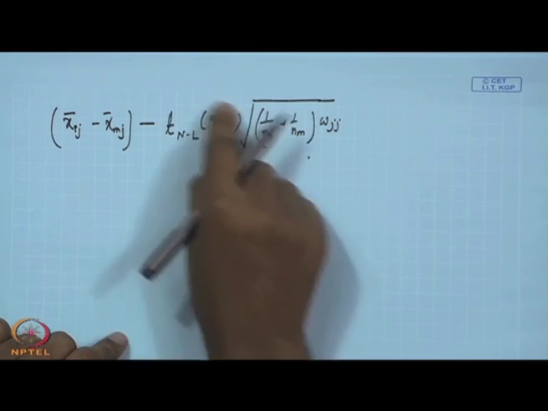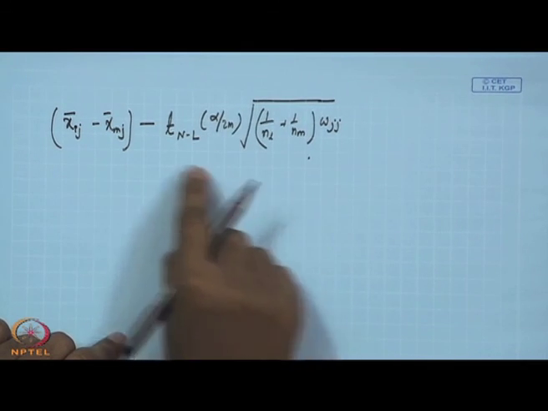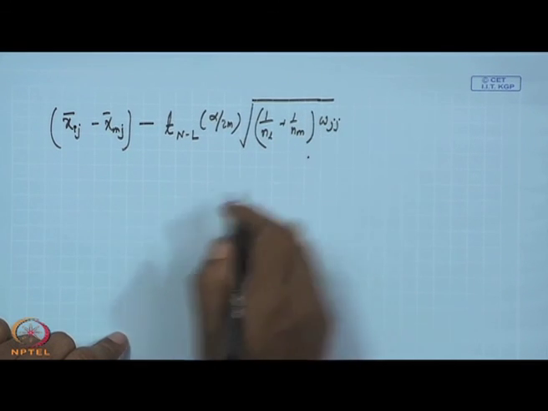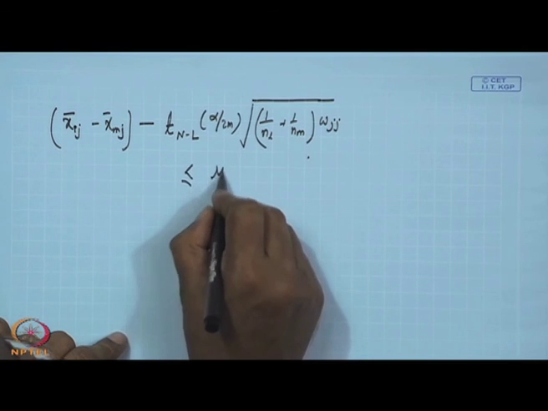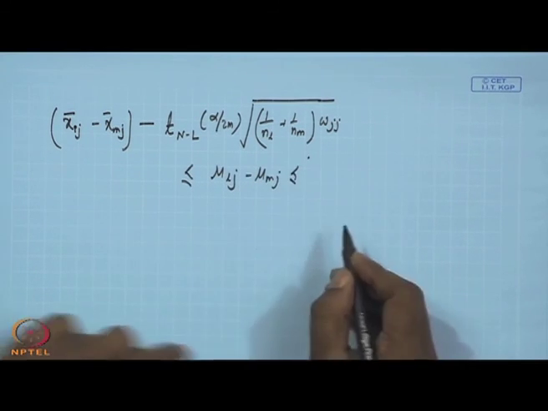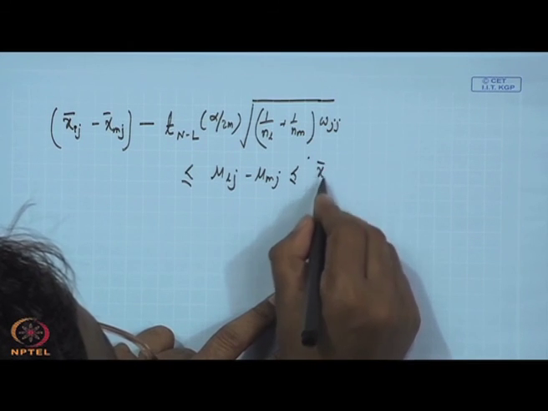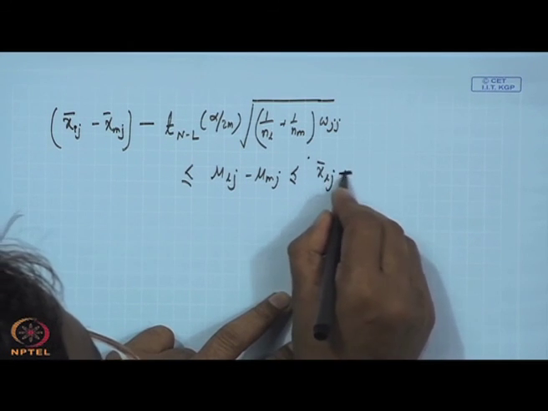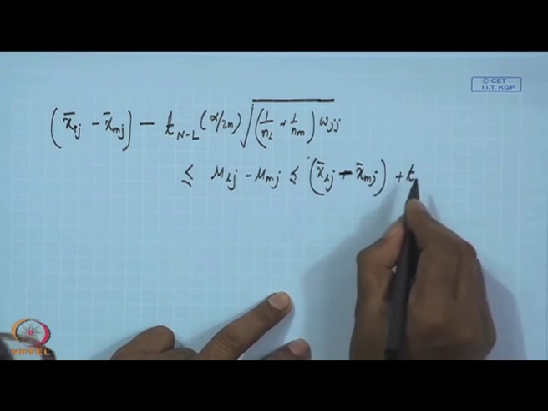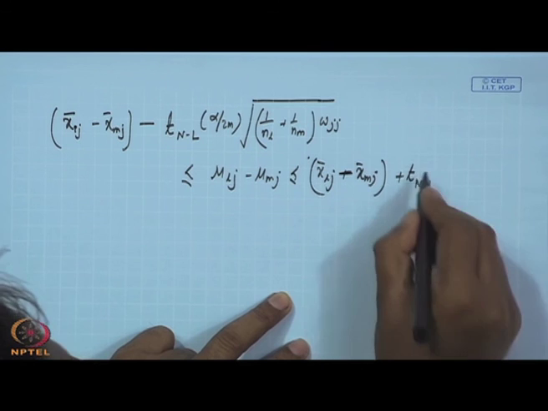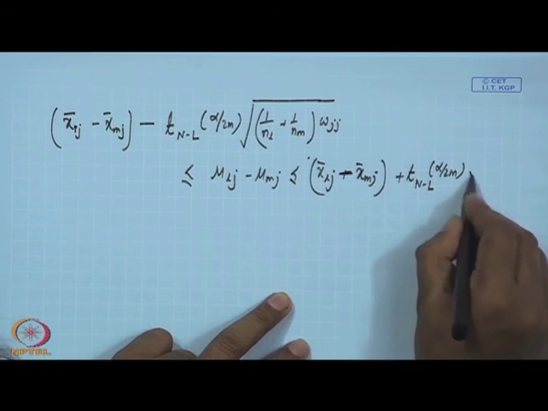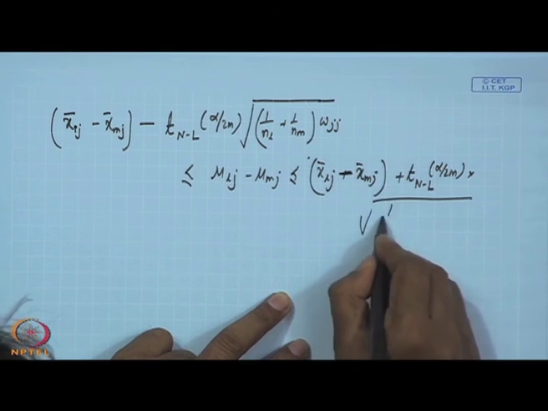We know the distribution, then the critical value, and we multiply with the variability. So, x bar Lj minus x bar mj minus T n minus L alpha by 2m into the variance part is less than or equal to mu Lj minus mu mj, less than or equal to x bar Lj minus x bar mj plus T n minus L alpha by 2m into the variance part.